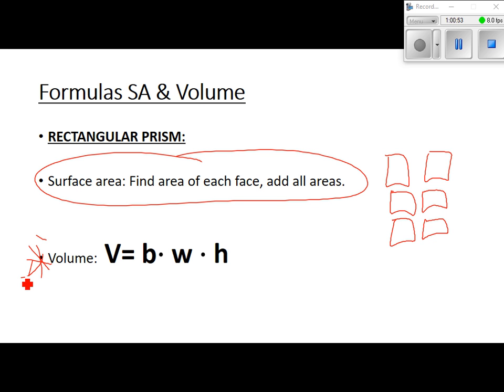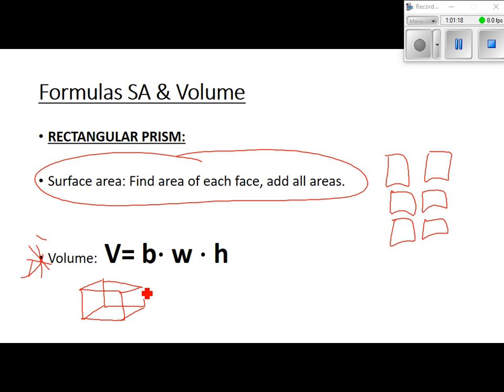For volume, if I have this prism, which of these lengths is my base, which one's the height, and which one's the width? Base, height, and width. Really? If it's a rectangle, you might want to do this again. Draw your little rectangular prism.